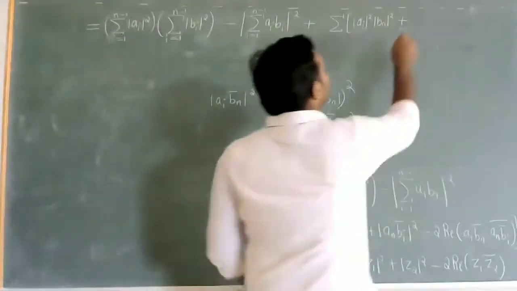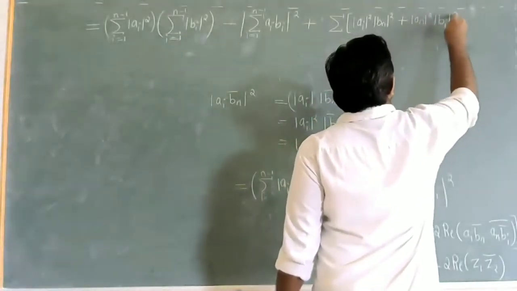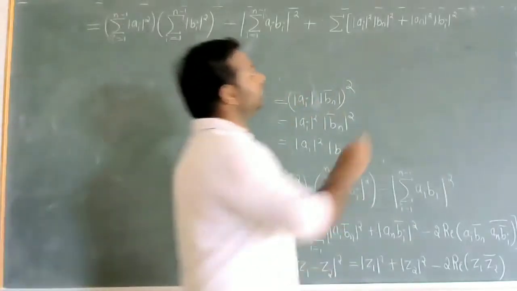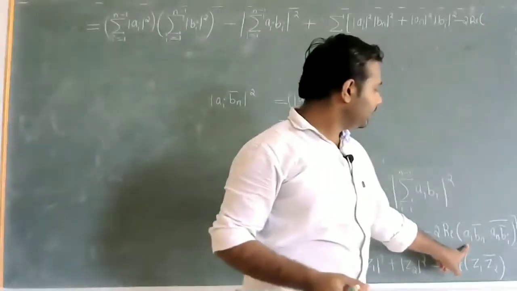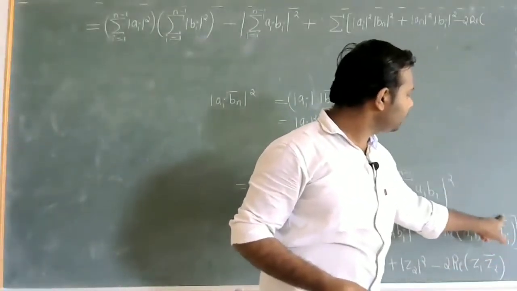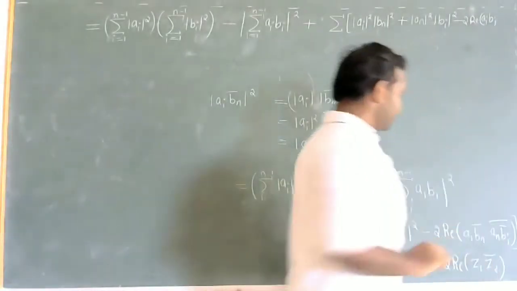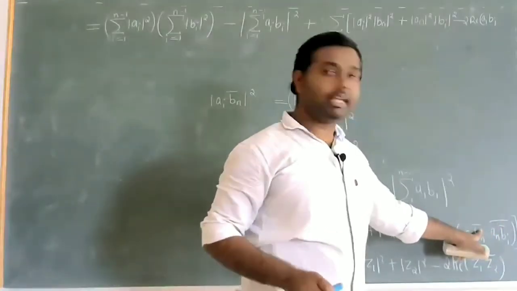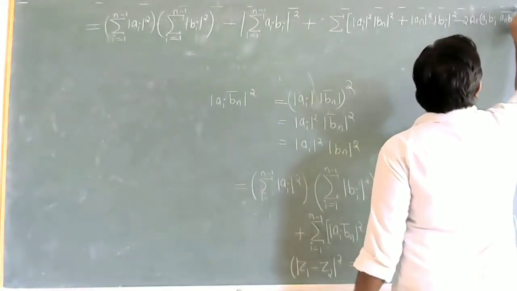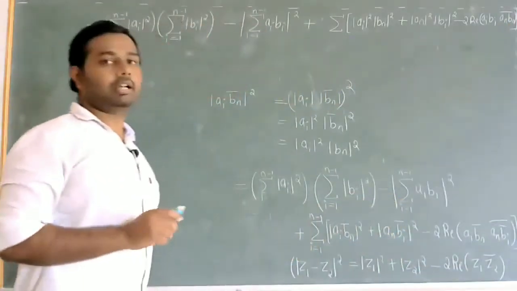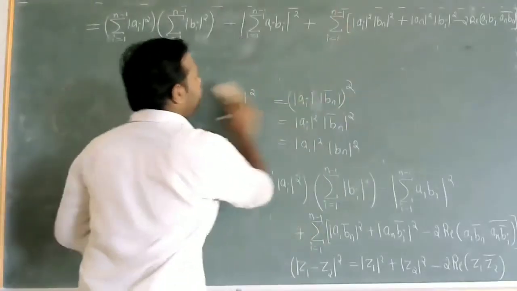So you will get modulus of an whole square into modulus of bi whole square minus 2 into real part of ai, so bi bar bar, so it will be bi, here an bar bn bar, so it will be an into bn whole bar. So summation running from 1 to n minus 1.